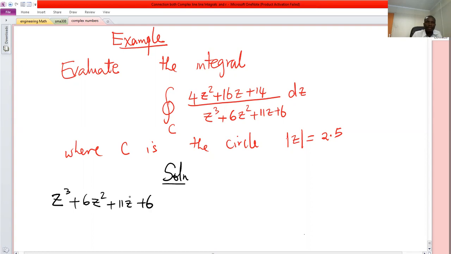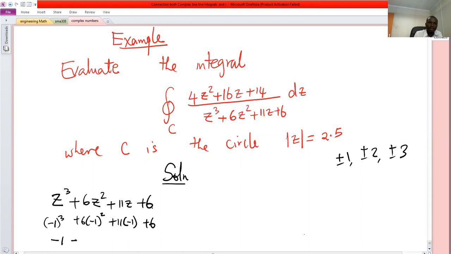These are cubic expressions. So for cubic expressions, we need to factorize by trying to get the factors of the constant term to see which factors, when you replace into this polynomial, you get 0. So factors of 6 are ±1, ±2, ±3. Assuming I replace -1 in this equation, I'll have (-1)³ + 6(-1)² + 11(-1) + 6.